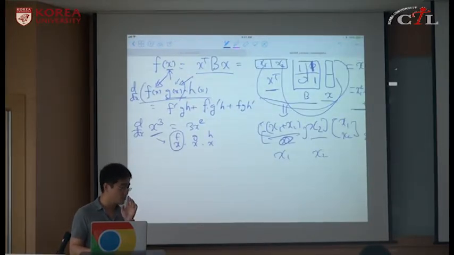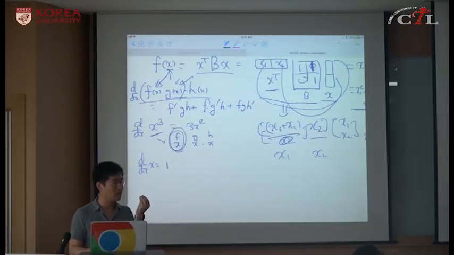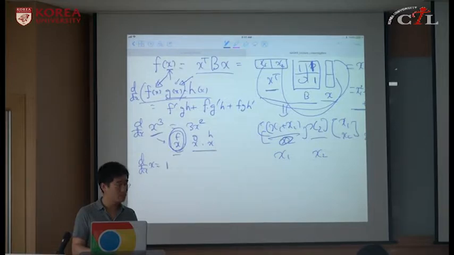Let's just assume that we only know dx over dx is 1. If we view this as the only part that contains our variable, the derivative of this guy with respect to x will be 1. So we just multiply these two together, x and x. And then we move on to the second one. That also gives us x times x plus x times x. So altogether 3x squared, right?